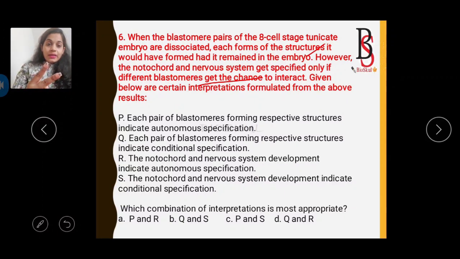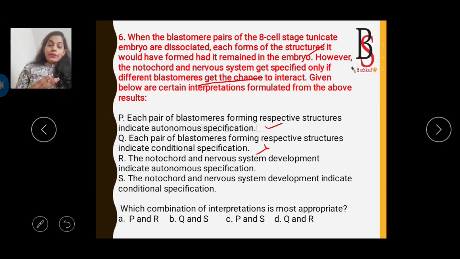Below are certain interpretations formulated from the above two results. Option P: each pair of blastomeres forming its respective structure indicates autonomous specification. Yes, it's autonomous specification because they form the structure they would have formed if they had remained in the embryo. Each pair of blastomeres forming its respective structure indicates conditional specification.